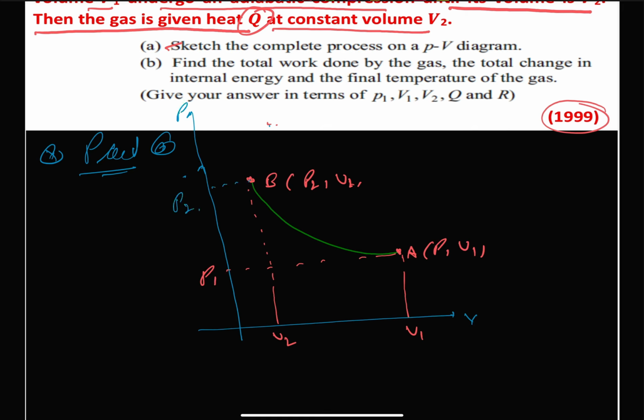Then at constant volume it gives in heat, so the pressure is going to rise up till some point, and let us suppose this point is C, and the pressure at this point is P3. So AB is our adiabatic and BC is our isochoric heating. So it goes like this.